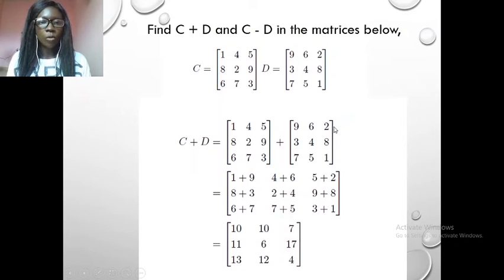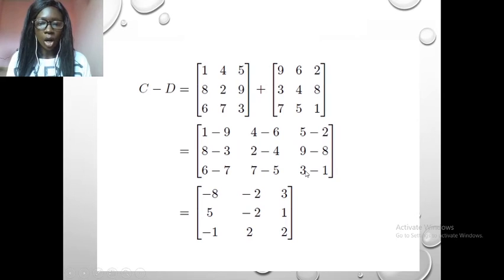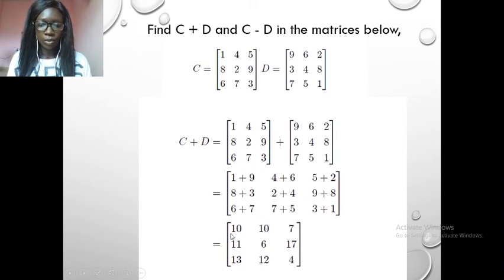Now I am done with the first row, and that's why I said always start with the row, so that you know you are done with the first row. When you're adding or subtracting, also try to write down the answer so that you won't get confused along the way. Now let's move to the second row. We have 8 plus 3, 2 plus 4, 9 plus 8. Again, that's the second row. Now for the third row, we have 6 plus 7, 7 plus 5, 3 plus 1.